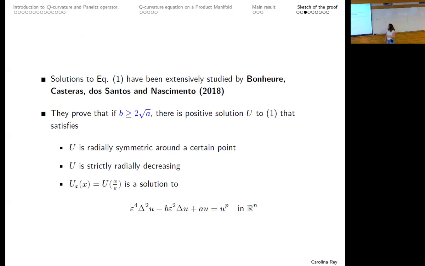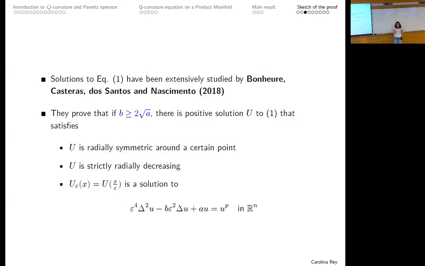First, if B is bigger or equal than 2 times the square root of A, there is a positive solution that satisfies that U is radially symmetric around some point. U also is strictly radially decreasing and exponentially decreasing.